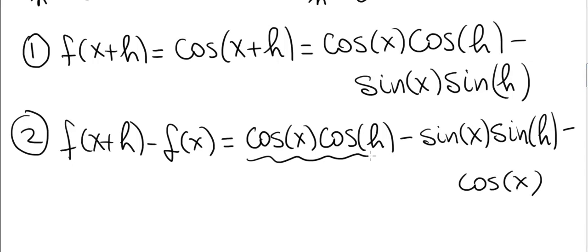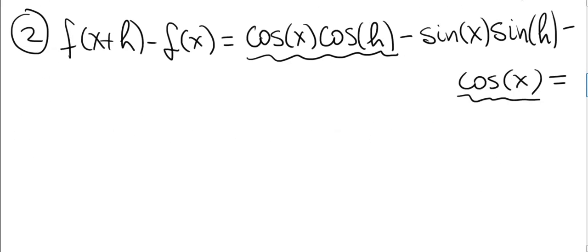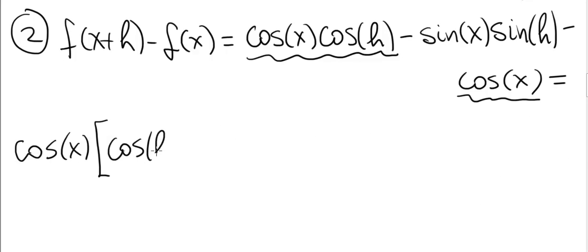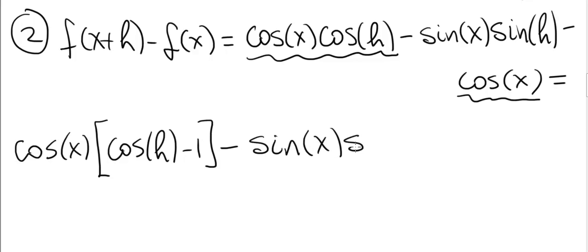So this term right here and this one have cosine of x in common. Let's factor it out. And when we do, we have cosine of x times cosine of h minus 1, and then minus sine of x times sine of h.